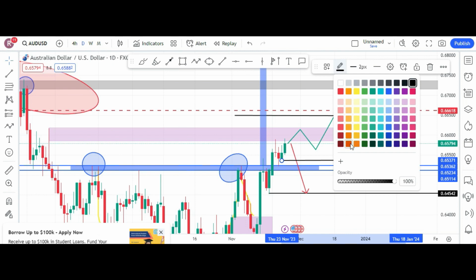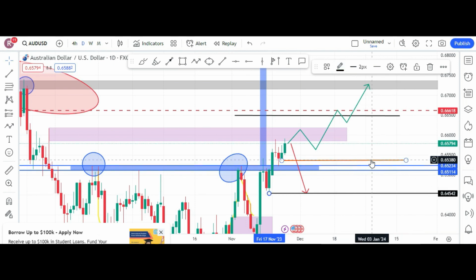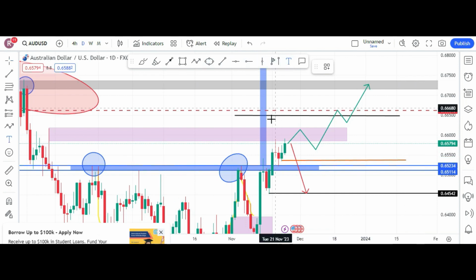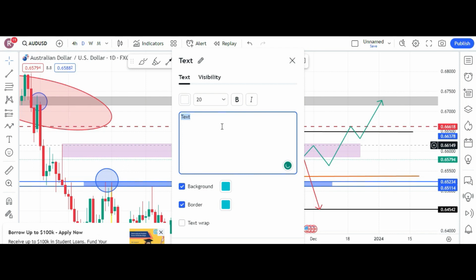Let's use this one. Okay. To take a trade, I will suggest taking a trade here, which is 0.6537. So what is my text?